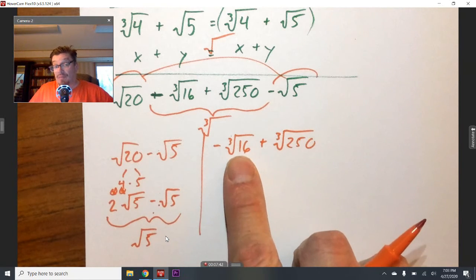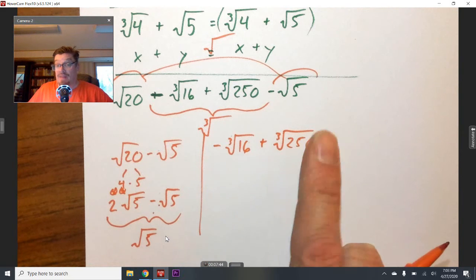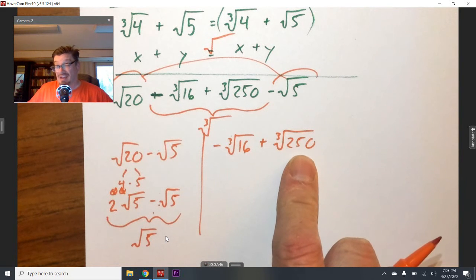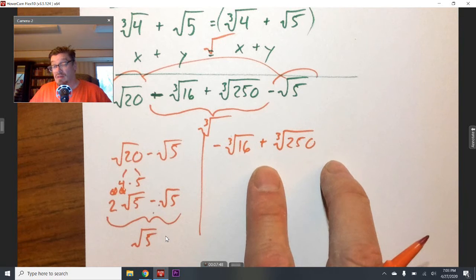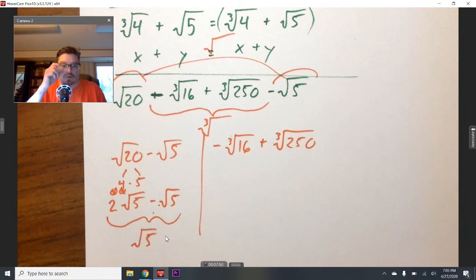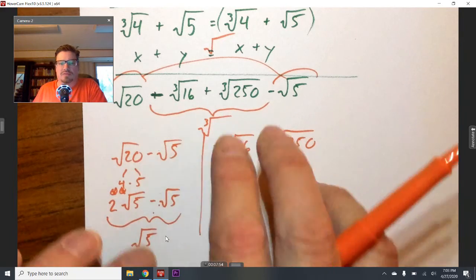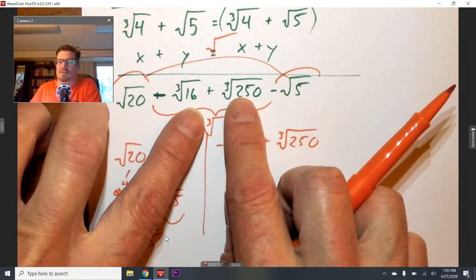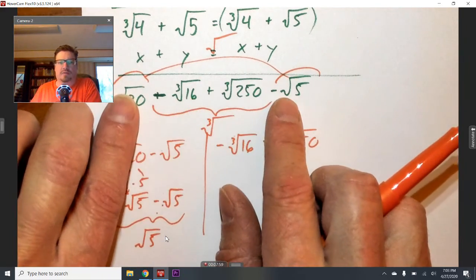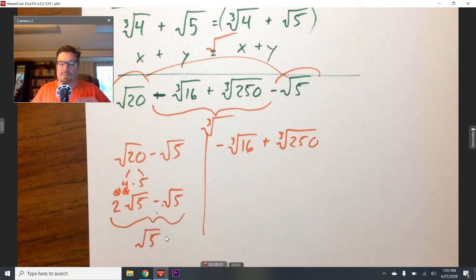If I take something out and I'm left with something, and those two somethings are identical, then I can squeeze them together. But either way, I have 2 different indices here, so I'm going to have 2 terms in my answer: a radical 3 and a radical 2. Unless they cancel out, I'm going to have 2 terms.